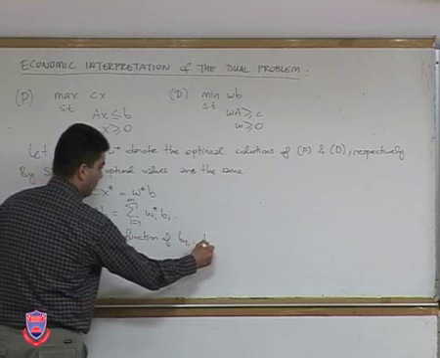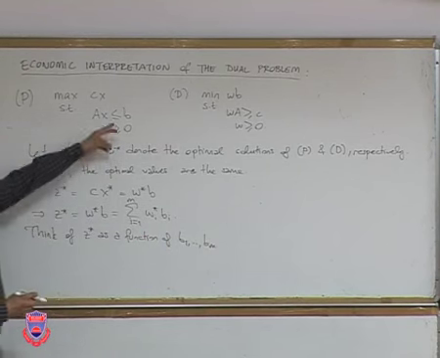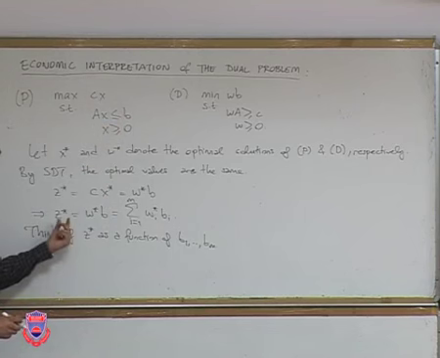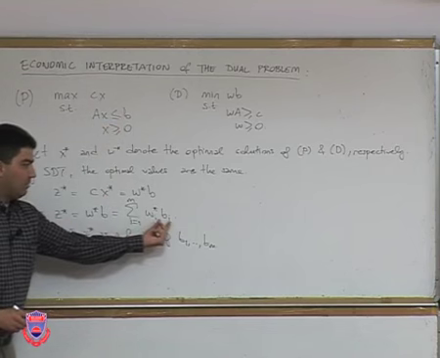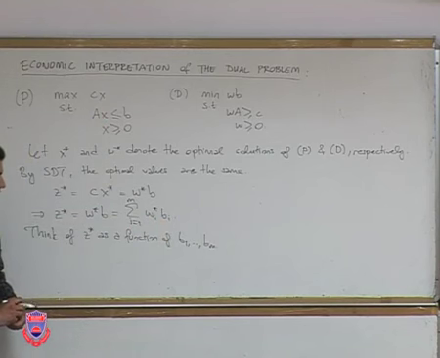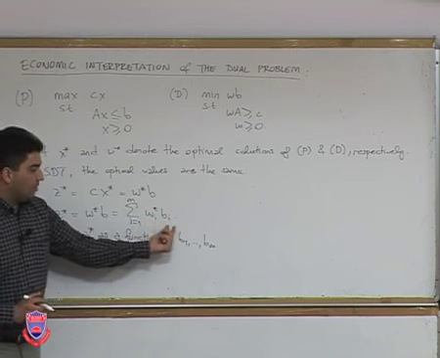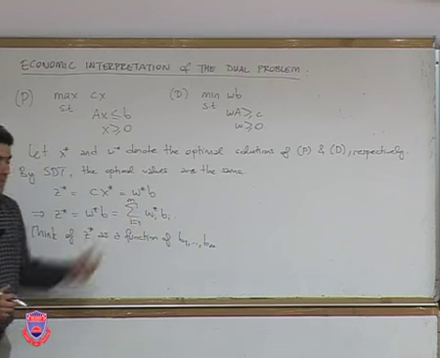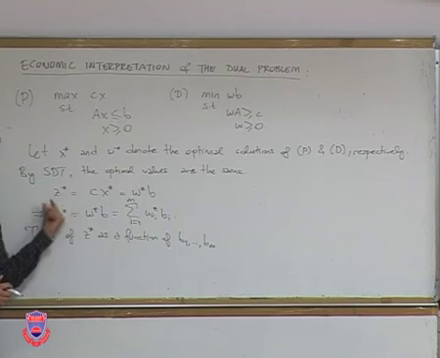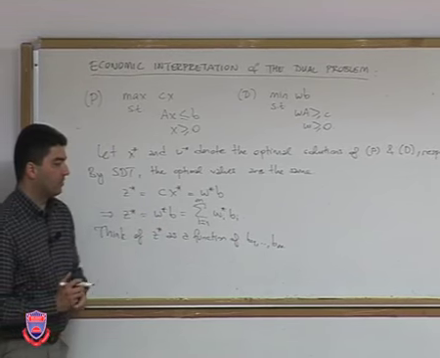And remember, b1 through bm are just the right-hand side values for my current constraints, so I have an m-dimensional vector. I'm expressing Z star in terms of the b_i values, and the corresponding coefficients are given by W1 star, W2 star, and so forth. I'm taking b1, multiplying it by W1 star, taking b2, multiplying by W2 star, and adding them up, and that gives me precisely the optimal objective function value.